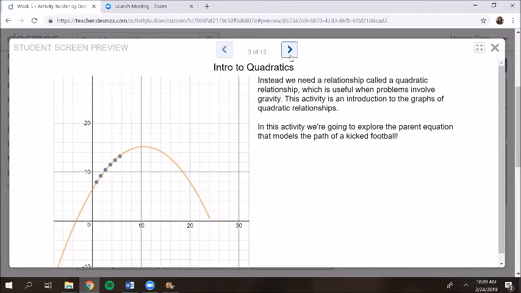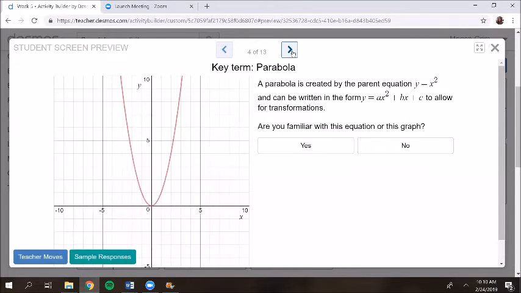So then this third slide is the intro to quadratics. This kind of shows that you should get rid of the line and put a parabola there, which they don't know that it's called a parabola yet, but put this curve here, which better models problems with gravity. So on the next slide is the key term parabola.